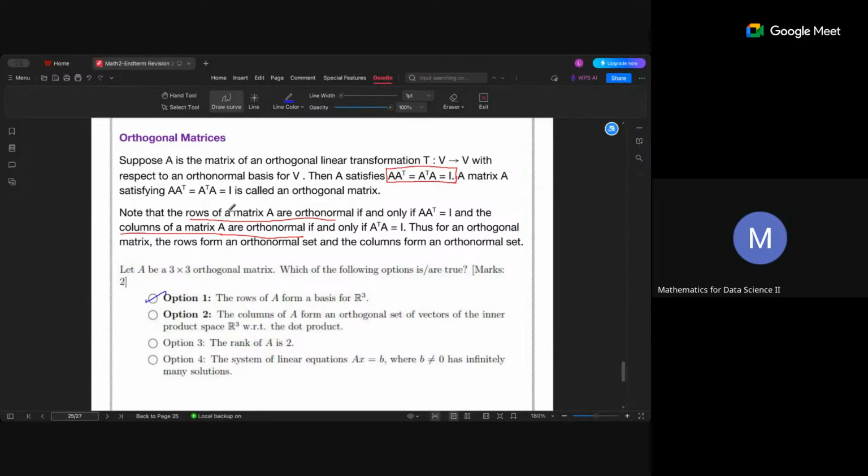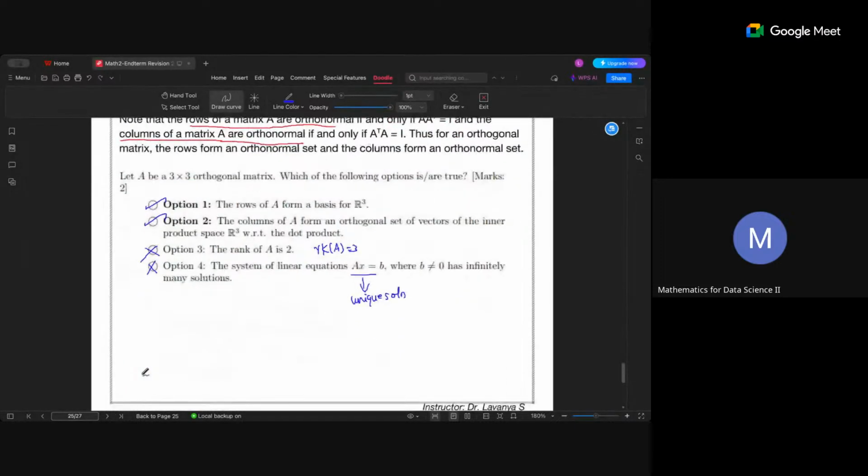We saw that the rows and columns both are orthogonal, so both are correct, right? What should be the rank of A? Can you tell? 3. Yes. So this statement is incorrect. And since the rank is 3, Ax equals B will have a unique solution. So this is also incorrect.